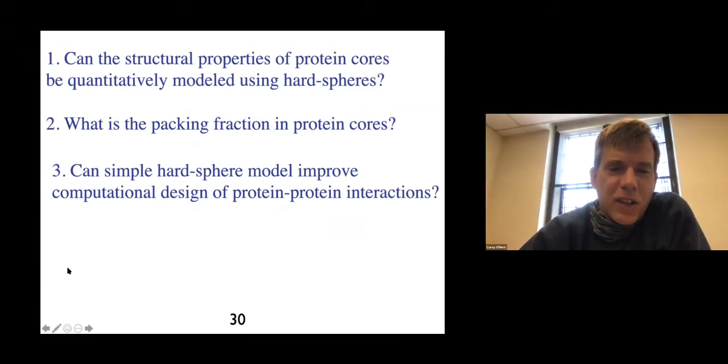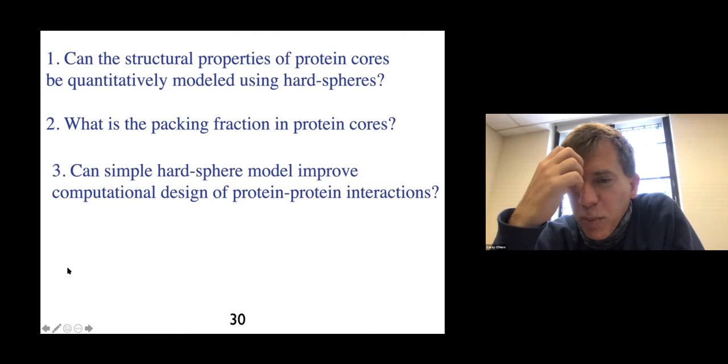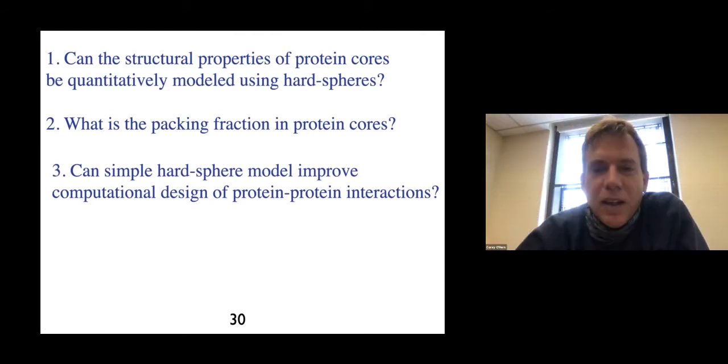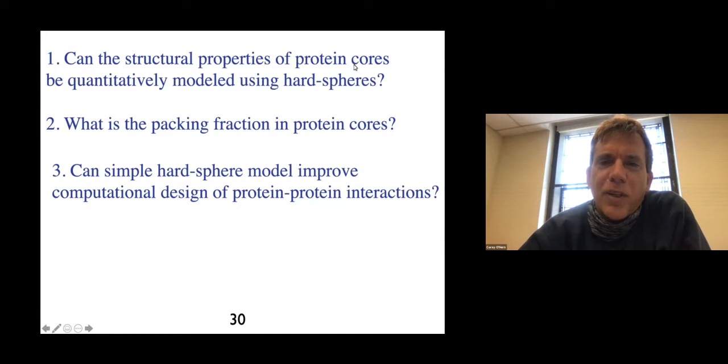And the specific question that I ask in my group, and that I'm going to talk about in the next set of slides, are the following 3 questions. Can the structural properties of protein cores be quantitatively modeled using the approach that was adopted by Ramachandran? That I'm going to ascribe sizes to each of the atoms along the backbone and along the side chain.